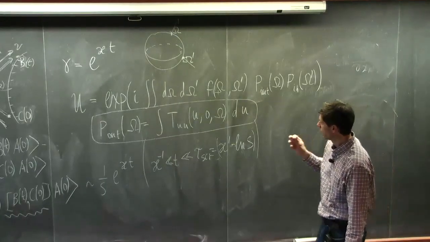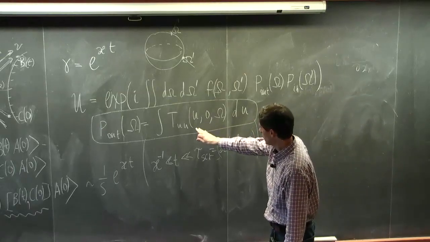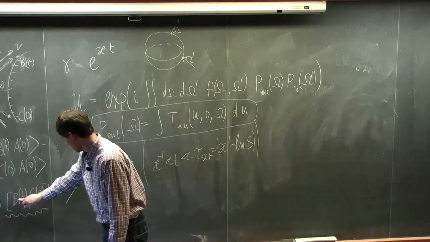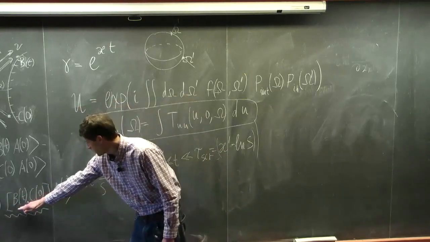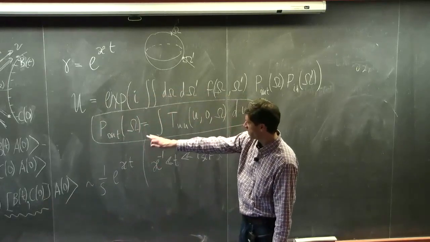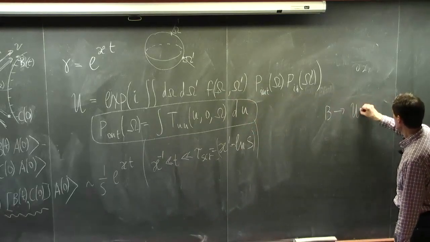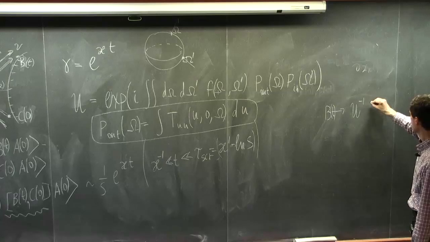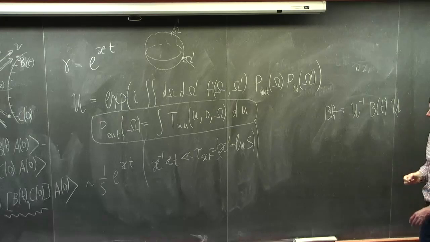Now, if you use this U and apply it to B, meaning that if we write this correlator in the interaction representation, B should be replaced by U B of t in the interaction representation.